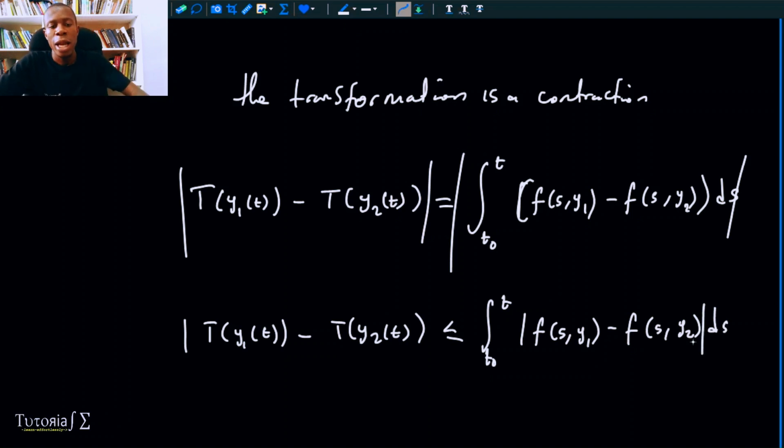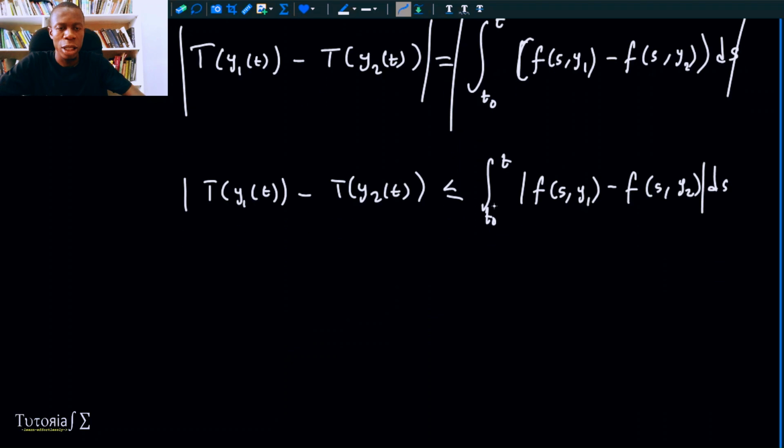And by the Lipschitz condition, this is less than L times the modulus of y1 minus y2. So if we integrate over this, which is a constant, we further have (t minus t0) multiplied by L multiplied by |y1 minus y2|.